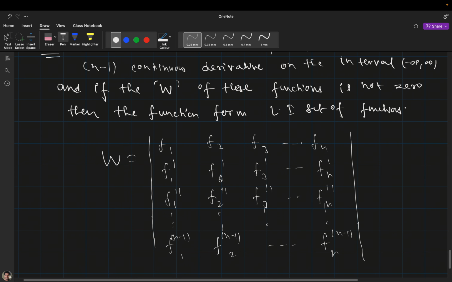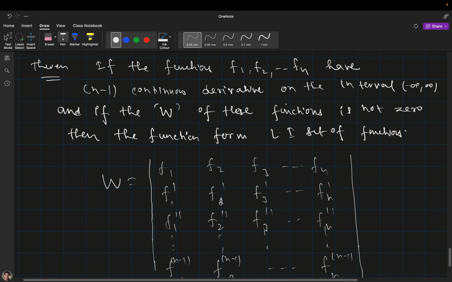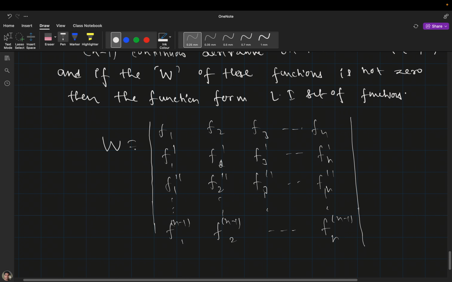It is saying that if you have the set of functions f1, f2, f3, ..., fn and you want to check whether they are linearly independent, you just check the Wronskian, which is the determinant like this.